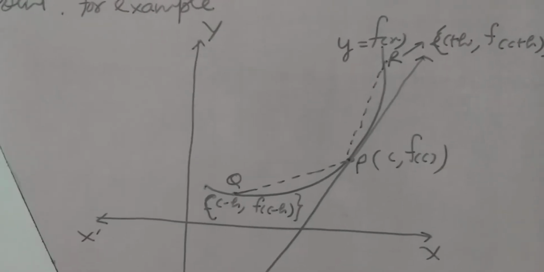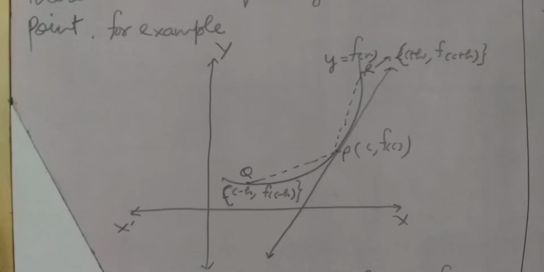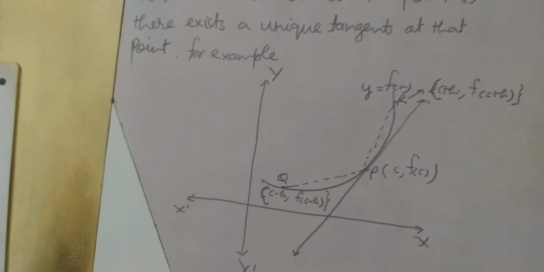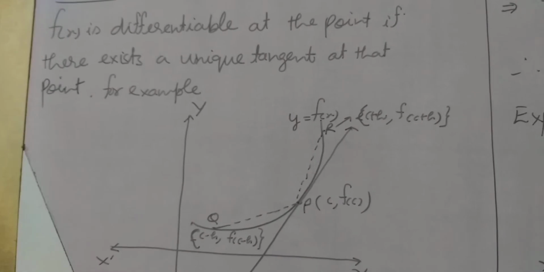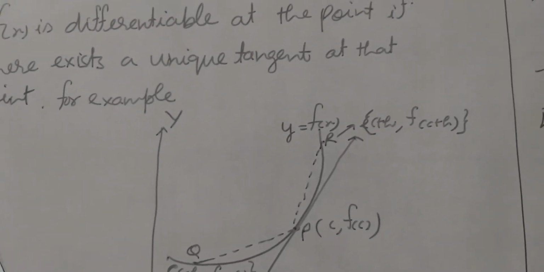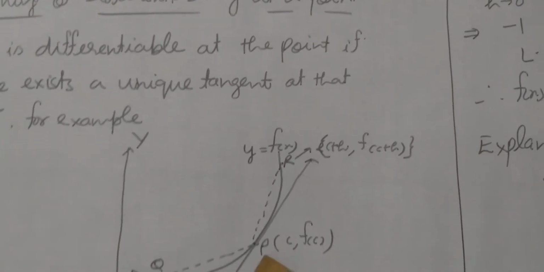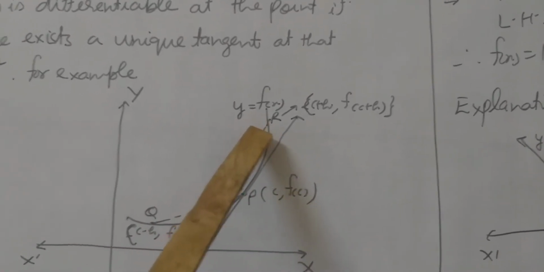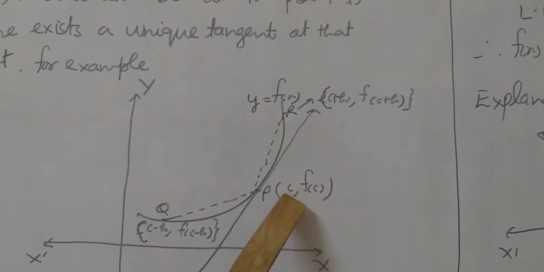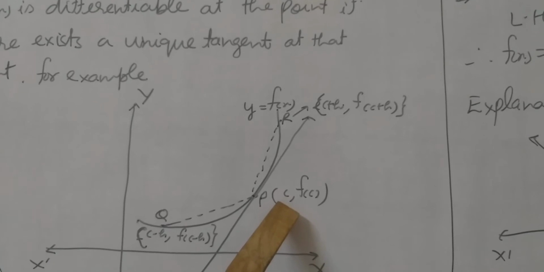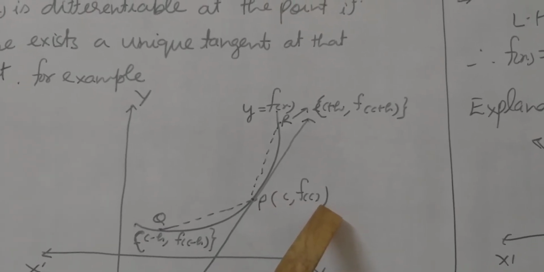so the function is continuous here. Similarly, by the help of a graph we can find out whether the function is differentiable or not at the given point. So student, this is the point P, this is the curve, and the value of x you can see is c and f(c).